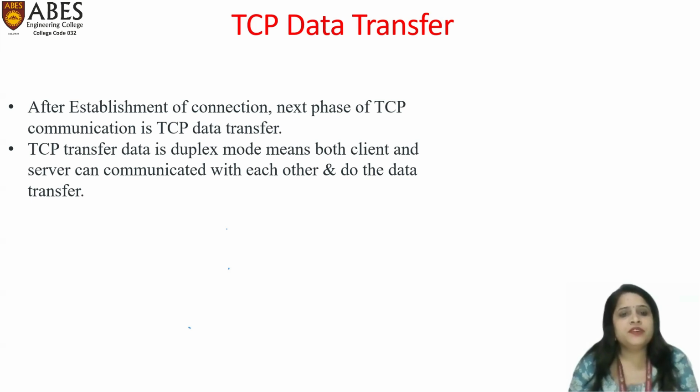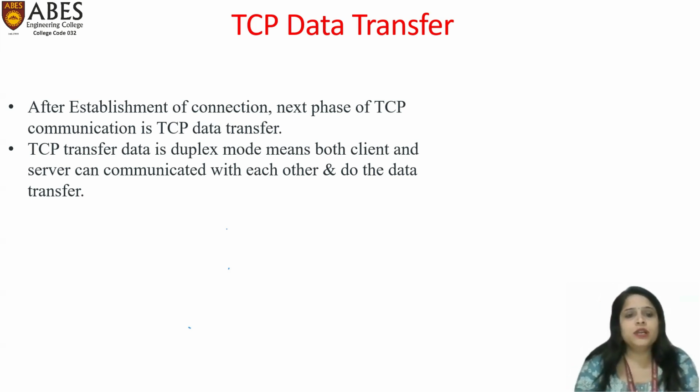The TCP protocol basically works in full duplex mode. It means both client and server can communicate with each other at the same time, so both the client and server can do the data transfer simultaneously, right?